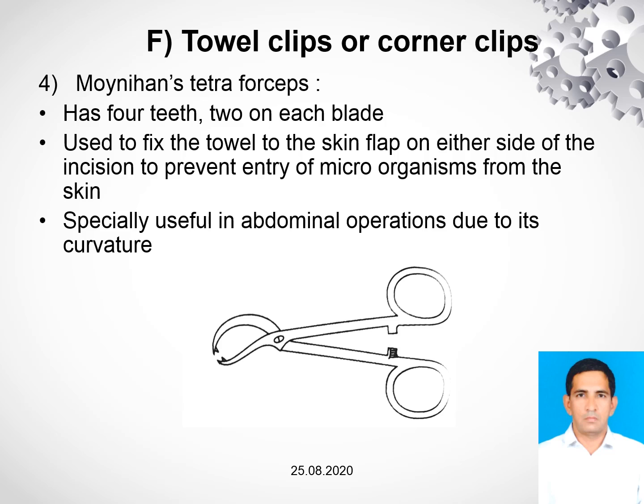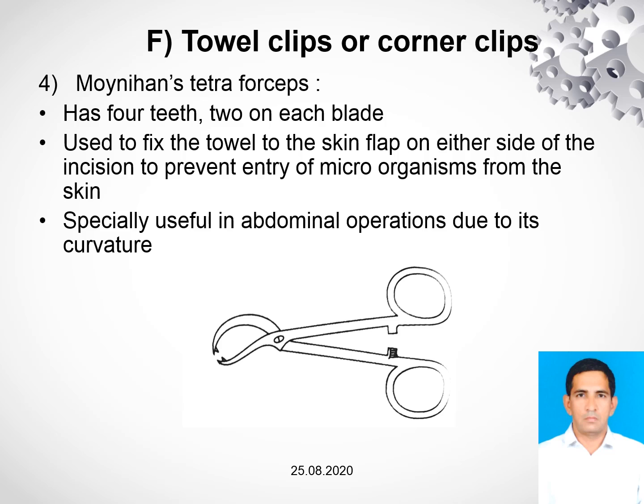The tips can secure the drape more tightly than a single prong clamp like Backhaus. The clamps have longer shanks with a screw joint fitting and angled tips.